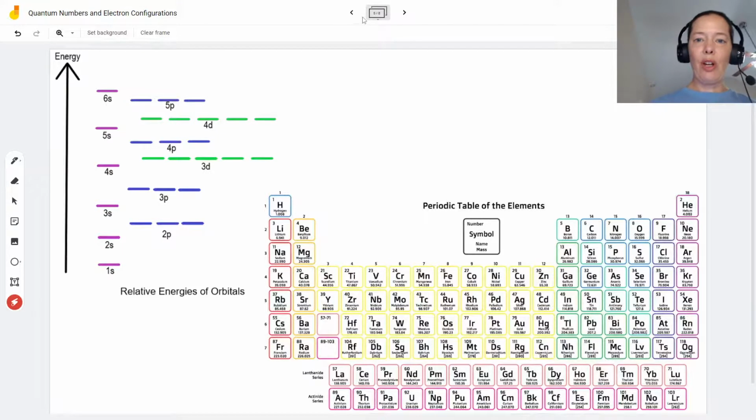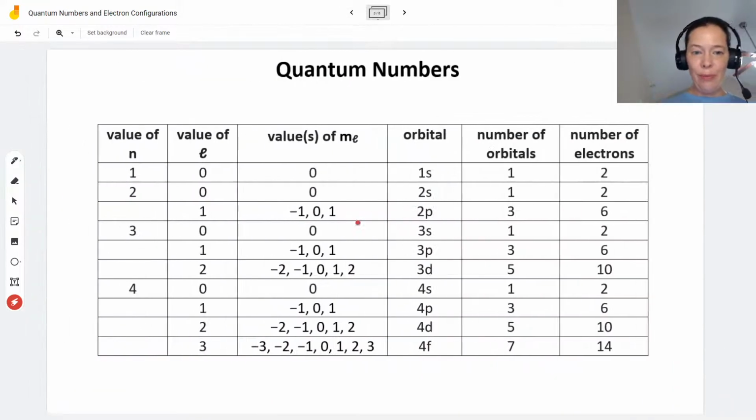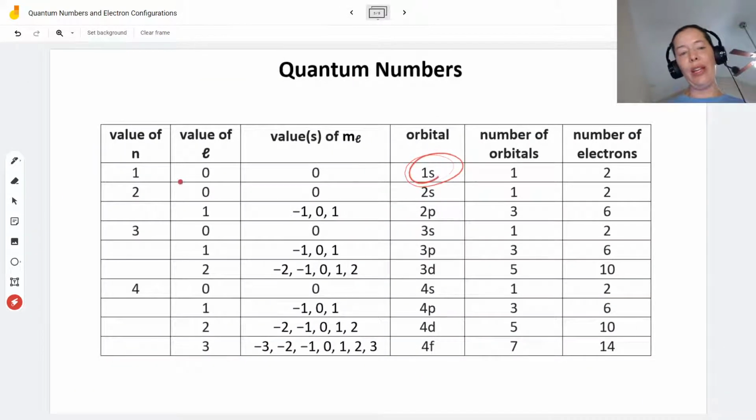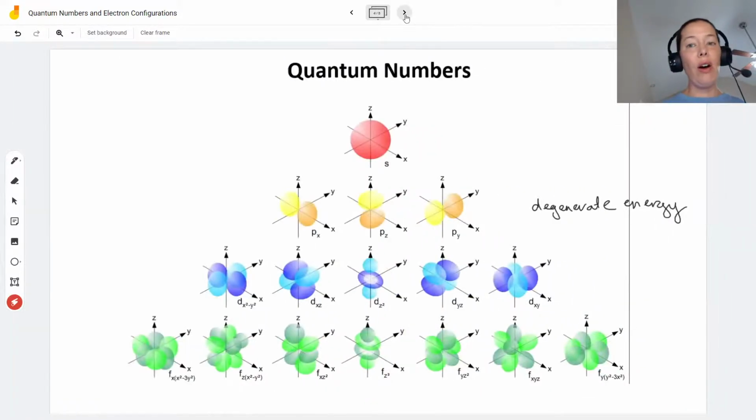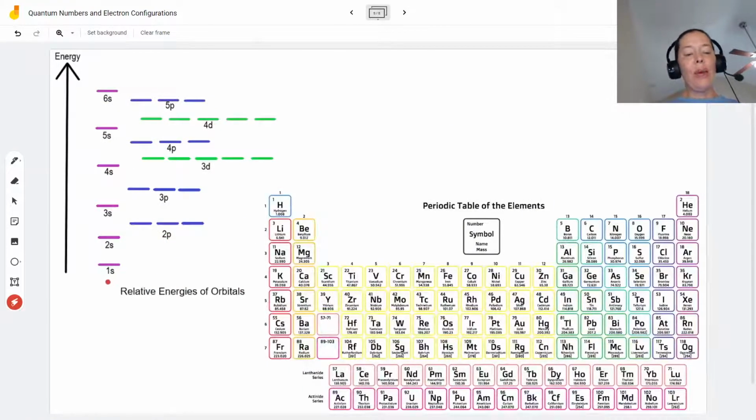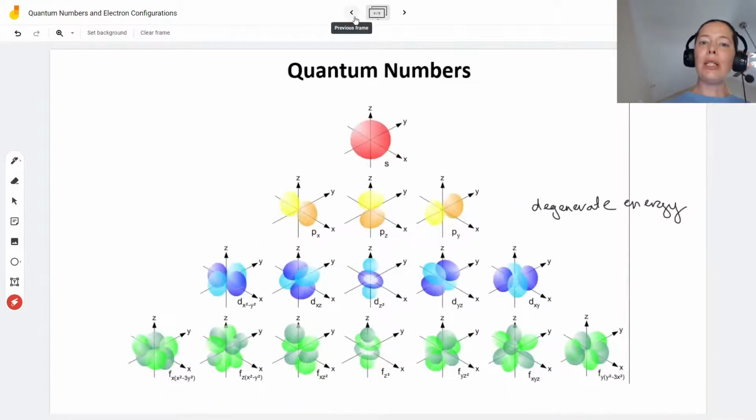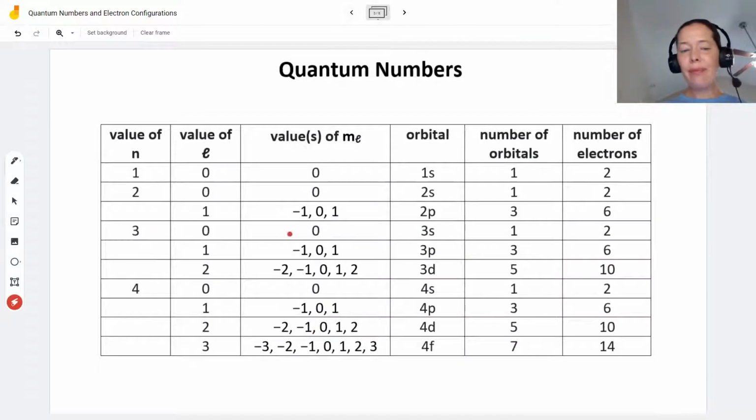So if I were to go back to this orbital here where n equals 1 and L equals 0. Again, it all ties together. So my lowest energy orbital is the 1s. Then next is the 2s. And if you remember, going back, once we have the 2s, then remember when n equals 2, L can also equal 1. So that's when we introduce the 2p's.